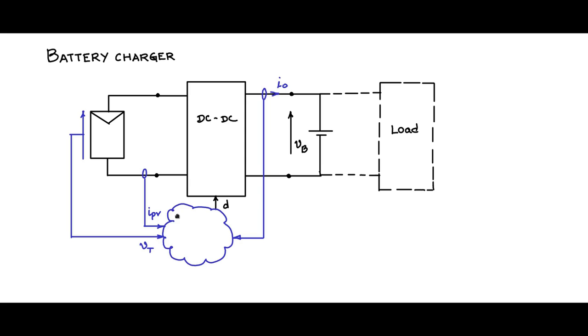Now what is the control algorithm that you need to put in here? Let us consider this boundary here, the terminals of the DC-DC converter to which the battery is connected. Normally, considering these terminals with the battery connected here, all this portion, the PV source and DC-DC converter, can be considered as a controlled source.